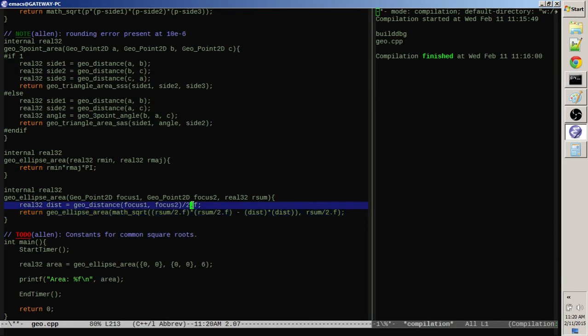So if I take out this divide by 2 here, and I take out these divided by 2's here, then I can just divide the whole thing by 2 once, and that's a little bit nicer, right? Now the other thing is, if we're going to use the square of the distance, why not just use that right off the bat? Because that will speed things up. So we'll call this dist squared.